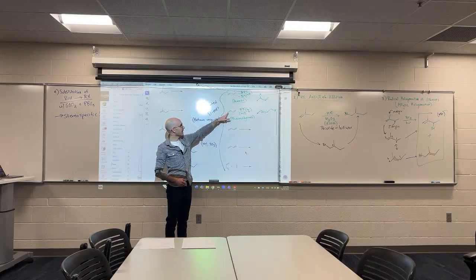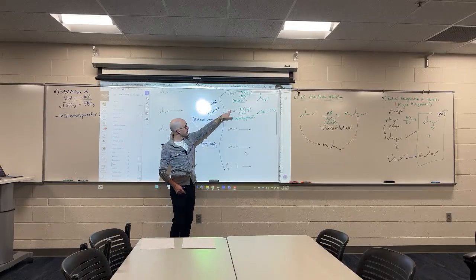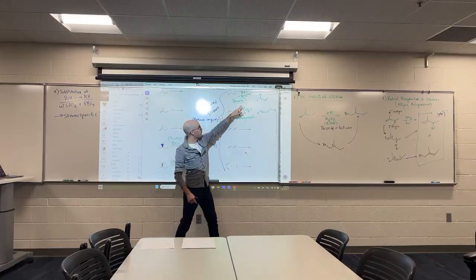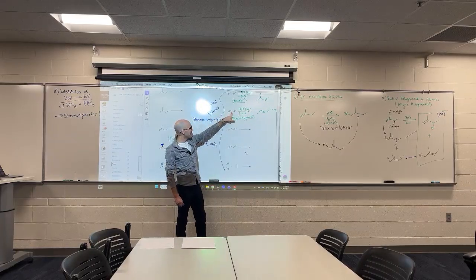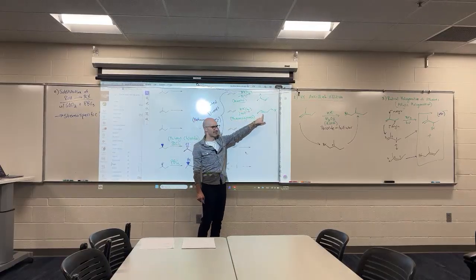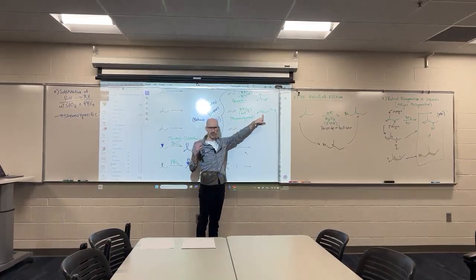So how is it that I could go from doing HX addition across one of the pi bonds and not the other, and here, doing HX addition seemingly across both of them, but one of them rearranges? This product must be the product of a resonance form.